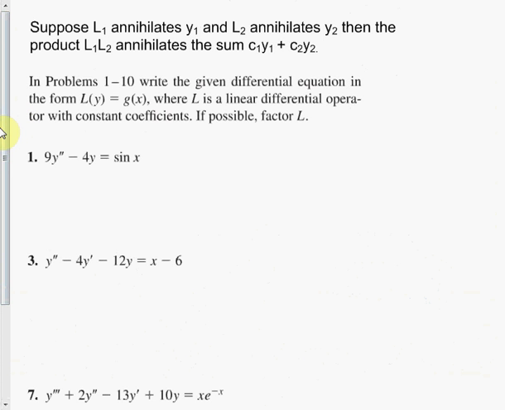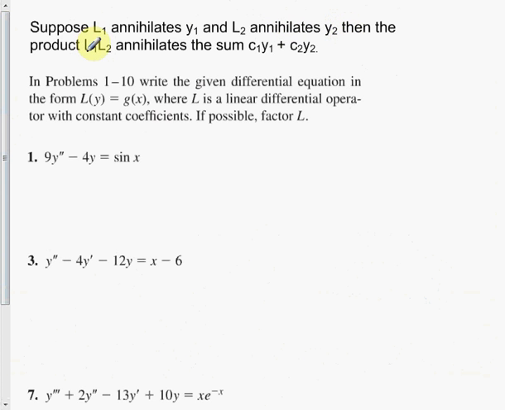This statement that I have above is very important. Suppose L sub 1 annihilates y sub 1, and suppose L sub 2, what's the L? It's the differential operator that annihilates. So suppose L sub 2 gets rid of, cancels out to 0, y sub 2.